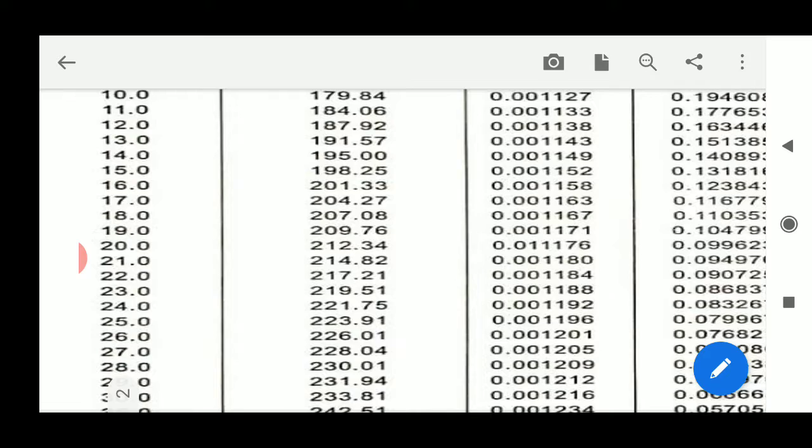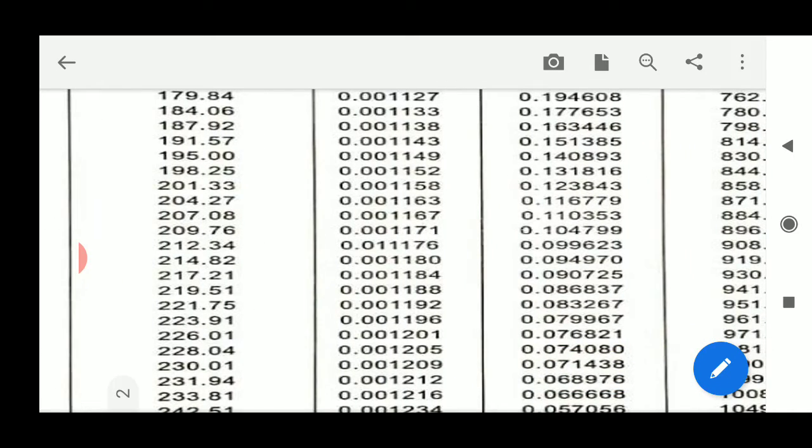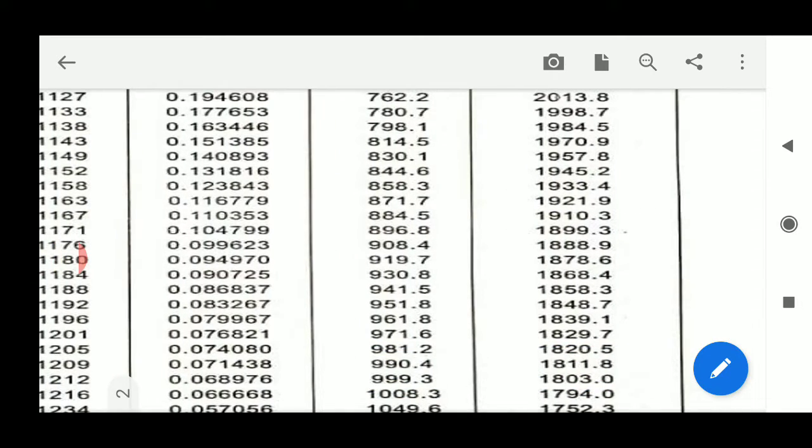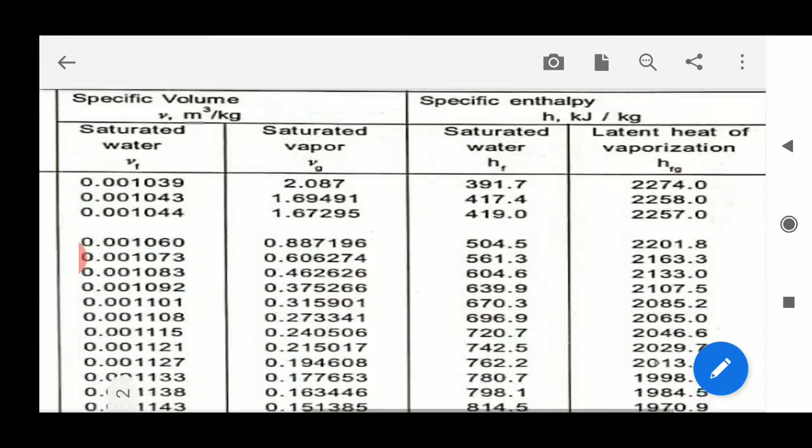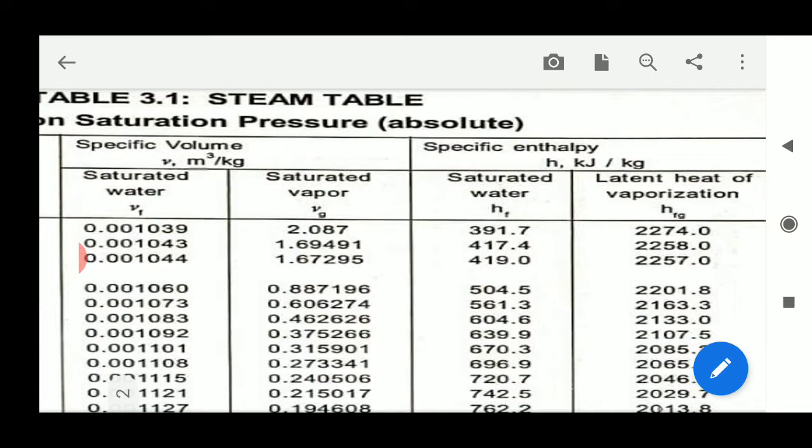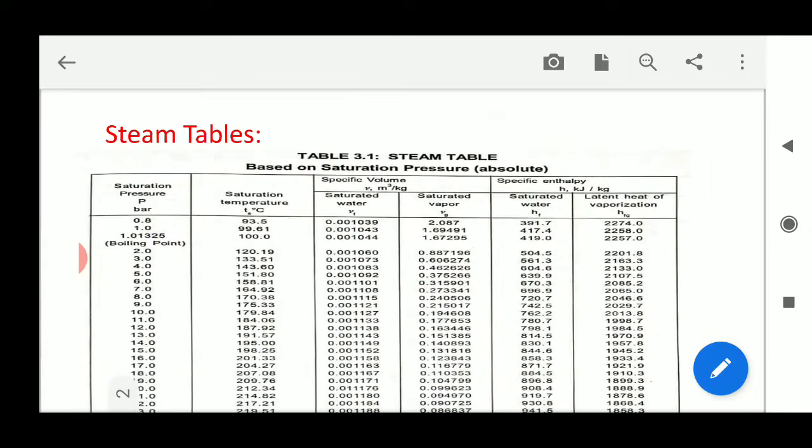And similarly, in the next columns, we will get the specific volume and the specific enthalpy. So for saturated water and saturated vapor, these are given for the specific volume, and for saturated water and the latent heat of evaporation for specific enthalpy. So these things are given in this table.